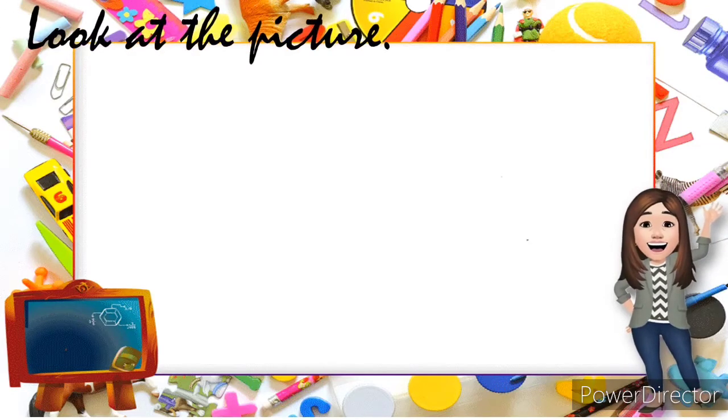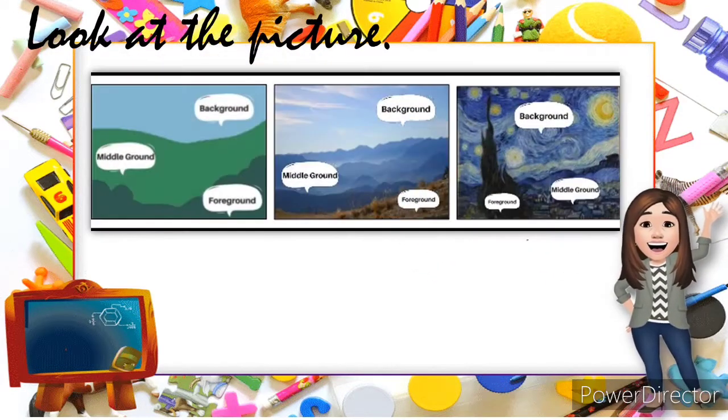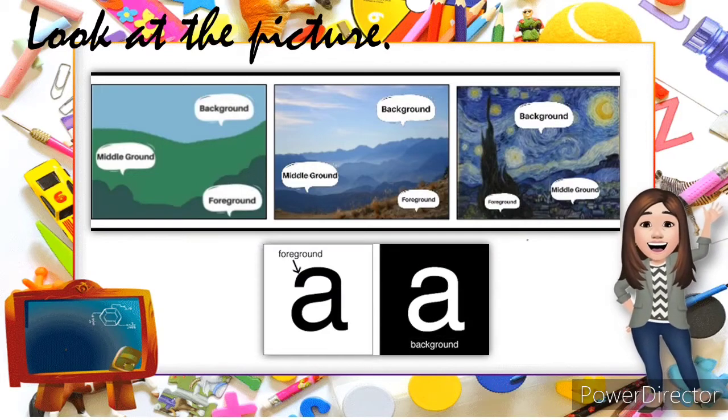Look at the pictures. These are examples of images having background and foreground. This is another picture. Observe the picture.